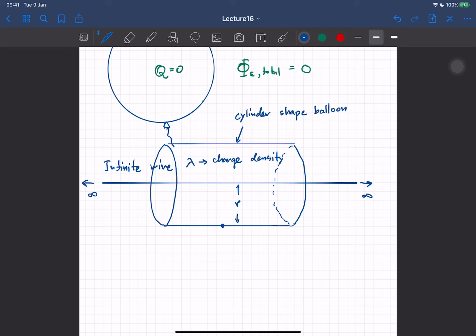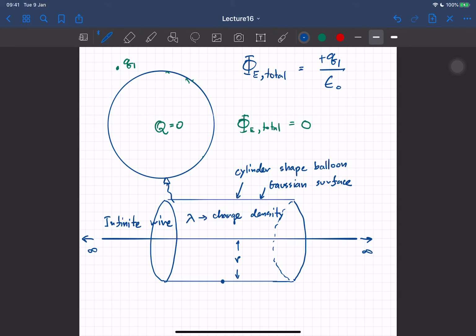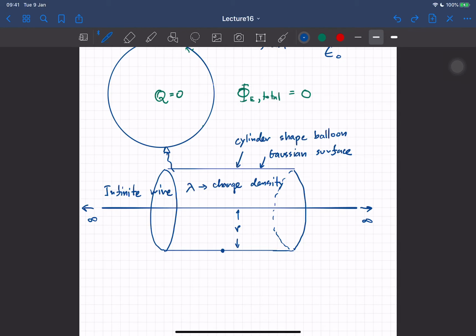This cylinder-shaped balloon, or any shape, we call the Gaussian surface. It's a surface that we can apply Gauss' law to. In the example before, the Gaussian surface was a spherical surface, but in this case, it's a cylinder.